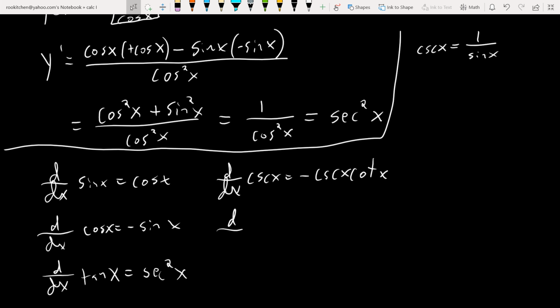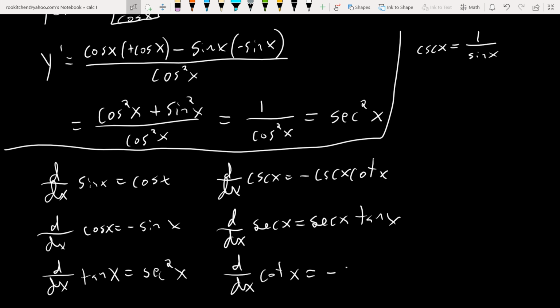The derivative with respect to x of secant x is going to be secant x tan x. And then finally, the derivative with respect to x of cotan x is going to be negative cosecant squared x.